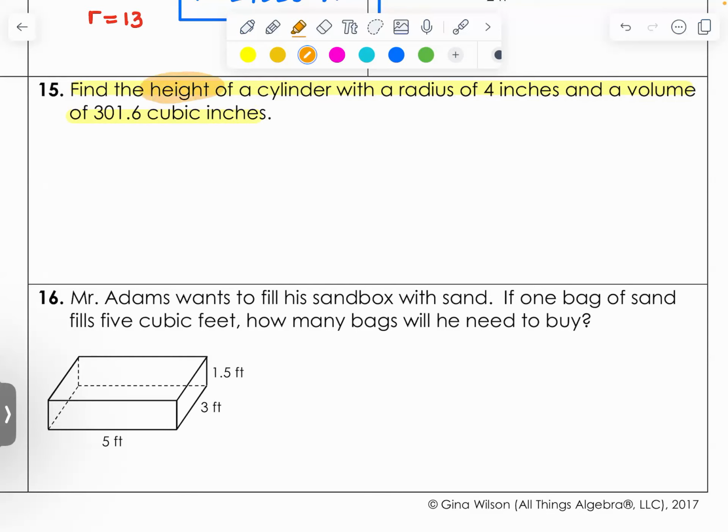My suggestion to you would be to write the formula down first and then figure out what you have and what you need to find. Write down the formula first.